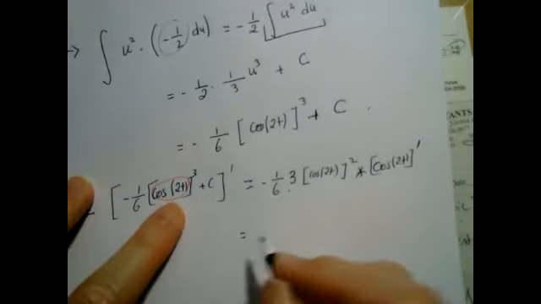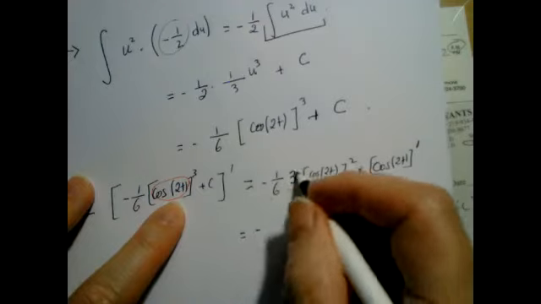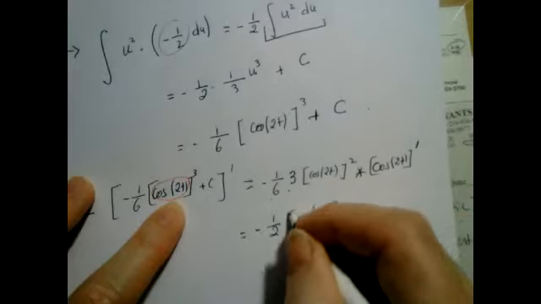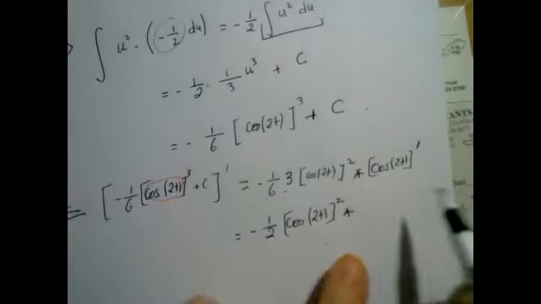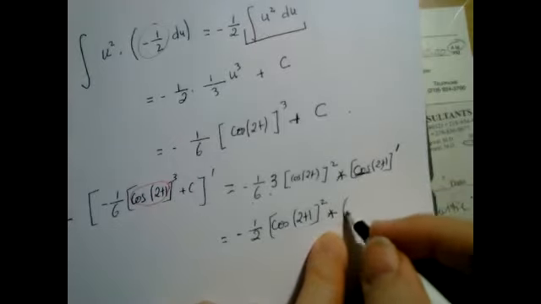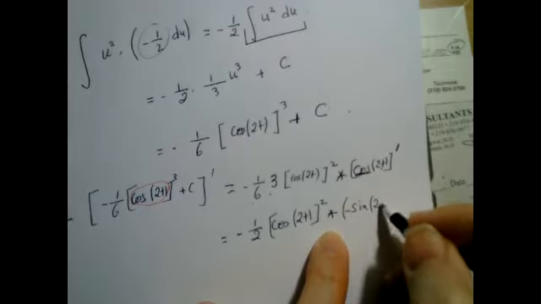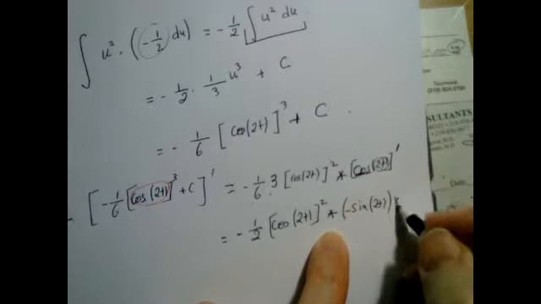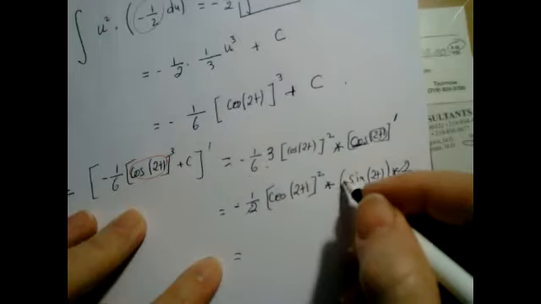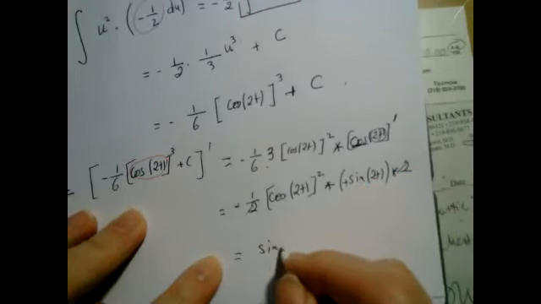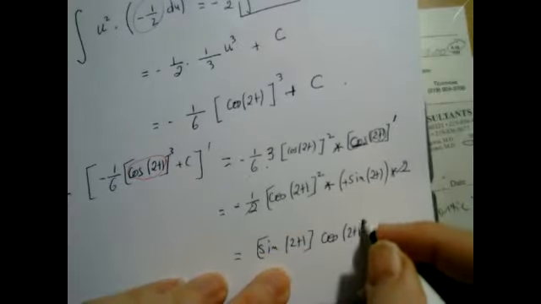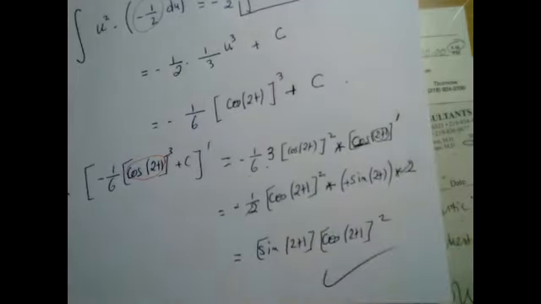So now I will have minus 1/6 times 3 will leave me with minus 1/2 the cosine of 2t squared times the derivative of cosine 2t. Again, that's inside, outside, chain rule. It's the derivative of the cosine times the derivative of the inside, which is 2. And now we're done. 2 cancel out, minus and minus give me a plus, so I will end up with sine 2t cosine 2t squared. So I am doing fine.